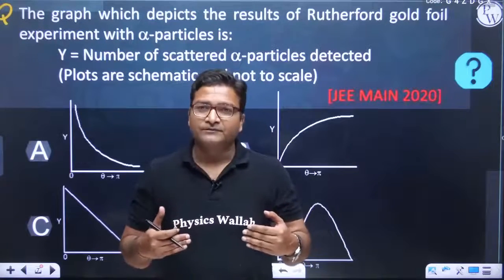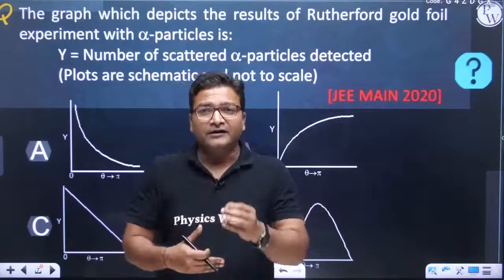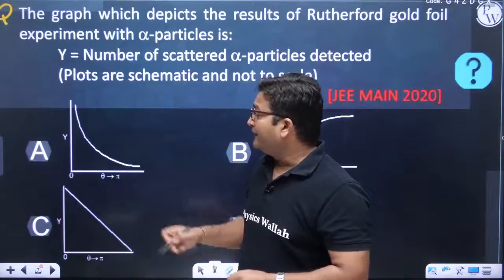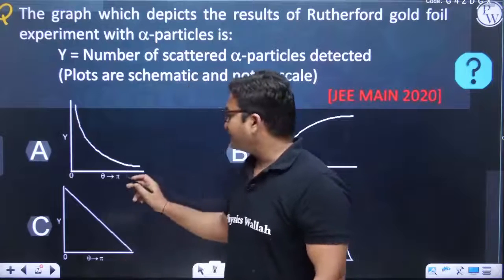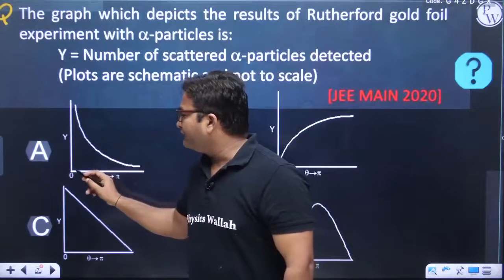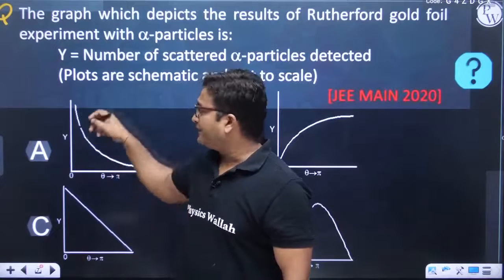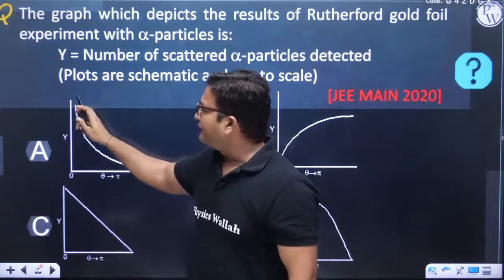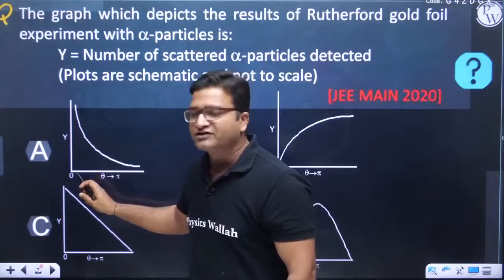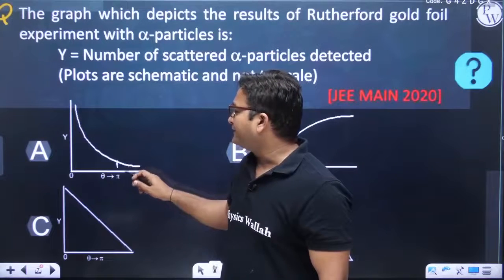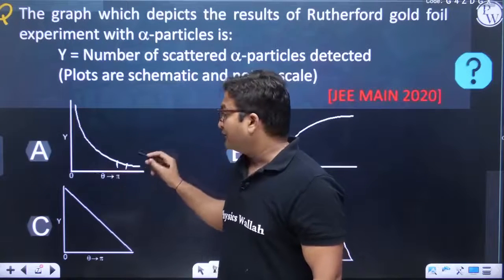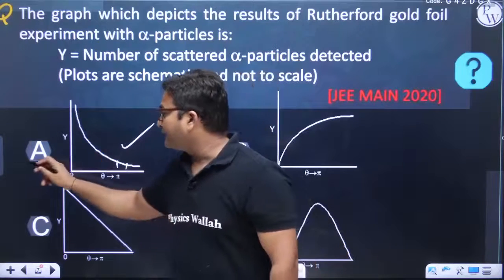So the deviation for most of the alpha particles is almost zero, and only this graph shows this. This is deflection, and here we have zero, and only this shows lots of alpha particles, because this is very high, with almost zero deflection, and only a few alpha particles have non-zero deflection. So this is the perfect graph.